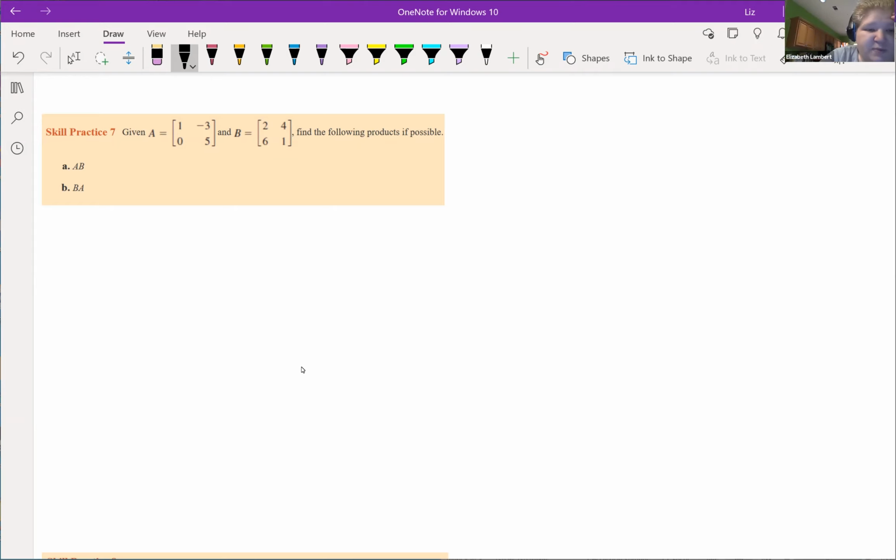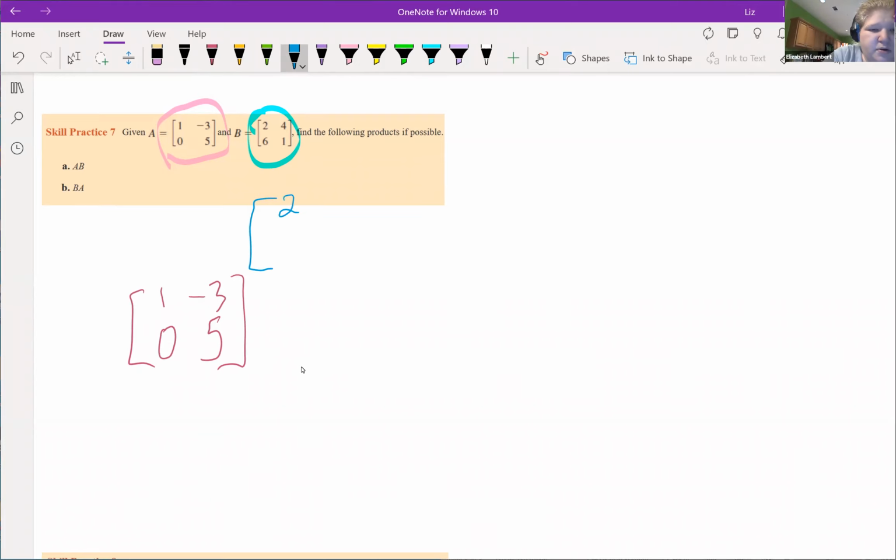So A times B, A is going to go down here. And then B is going to go up here. And I'll go ahead and label this one since we're doing multiple.